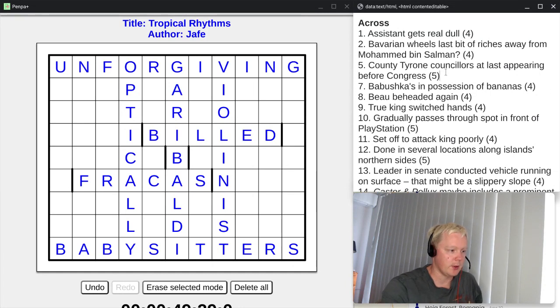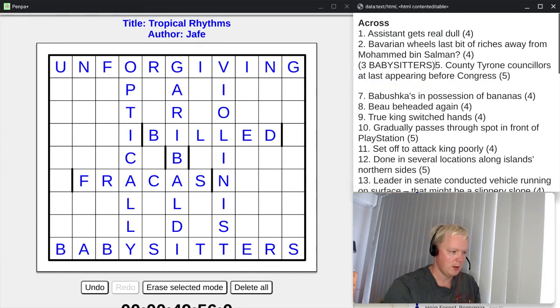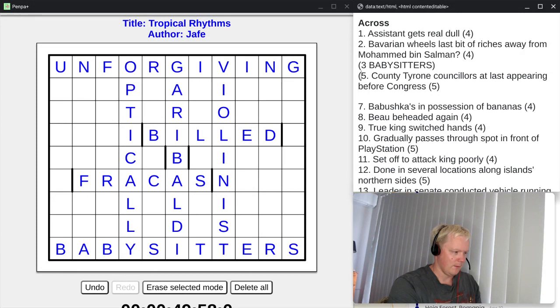I'm thinking whether I should be putting the answers back in here, because now we kind of lost information when we removed, for example, number three, babysitters, because having that here gives us information about the alphabetical order. So maybe we should have left that in. And number 4 was build, wasn't it?